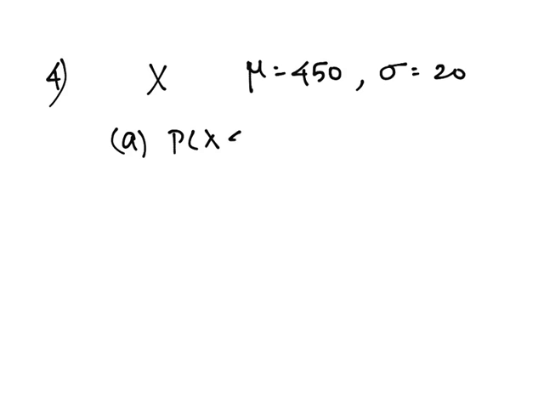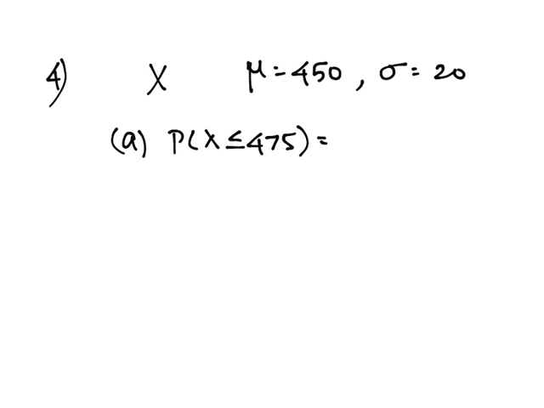The fourth problem: a random variable x is distributed normally with a mean of 450. That means mu is 450 and standard deviation is 20, so sigma is 20. The first question is find P of x less than or equal to 475. A simple problem. Go to distribution, go to normal, go to NCD.